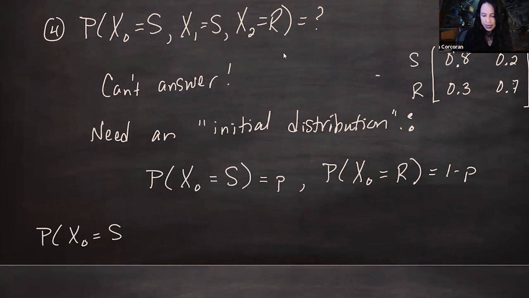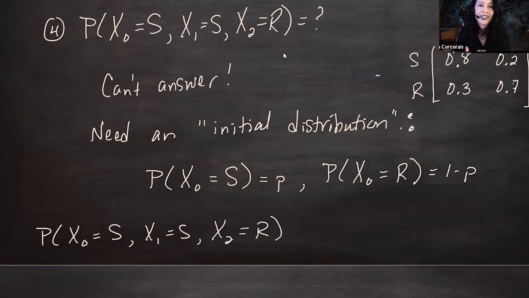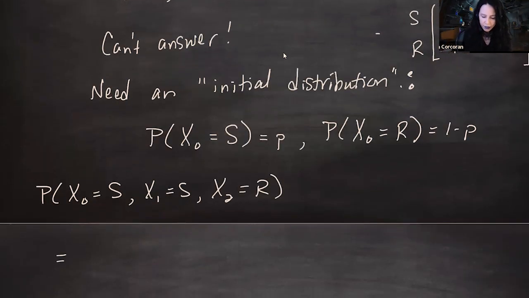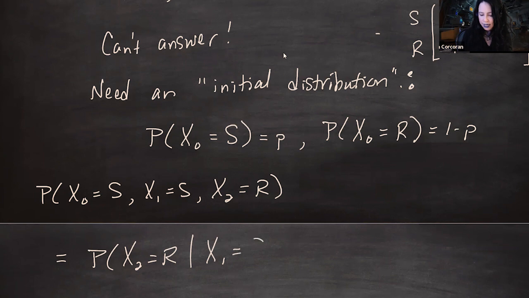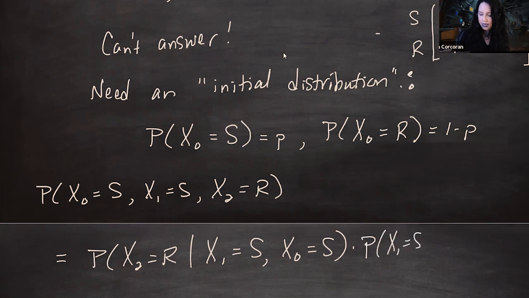Here is the goal. x0 is sunny, x1 is sunny, x2 is rainy. The transition matrix gives us conditional probabilities, so let's make this look conditional. We know things about the latest time step, so I'm going to write this as the probability that x2 is rainy given x1 is sunny and x0 is sunny, times the probability that x1 is sunny and x0 is sunny.